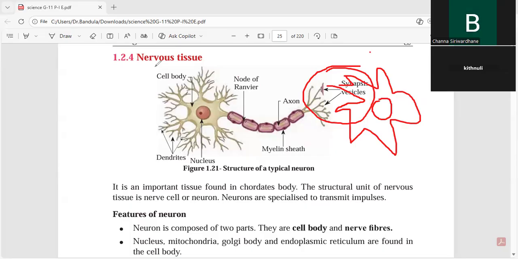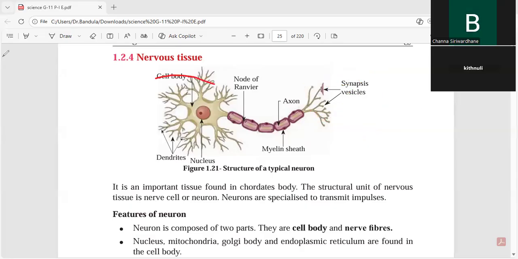You have to read each of these parts, starting from the cell body: cell body, dendrites, nucleus, node of Ranvier, axon, myelin sheath, synaptic vesicles, right?